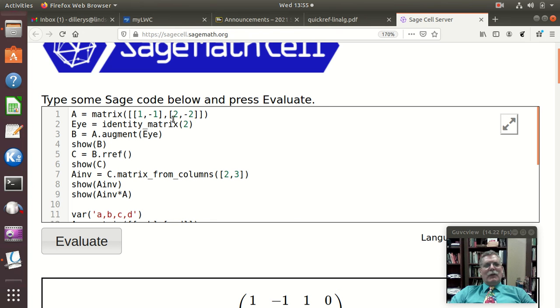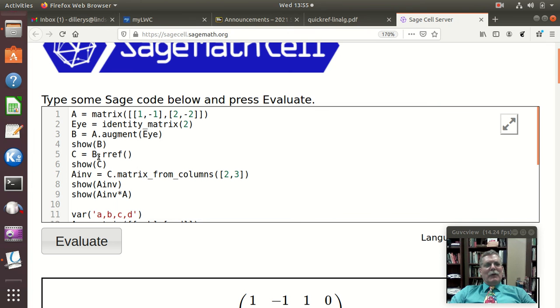I could have just done the full 2x4 matrix with A and the identity tacked on to the end of it. But I thought, let's see that you don't have to do it that way. You can do it more modularly, where you make the identity matrix separately, and then we just augment the two together.